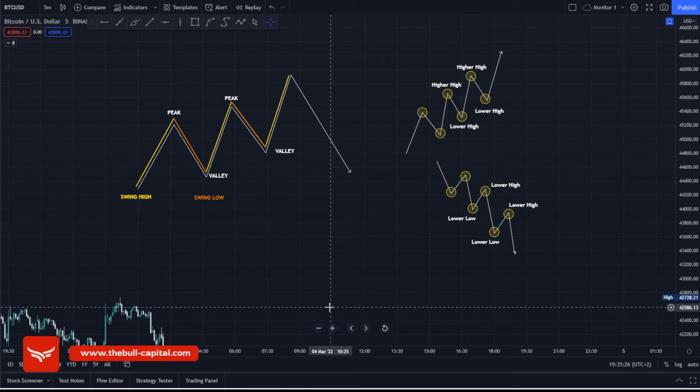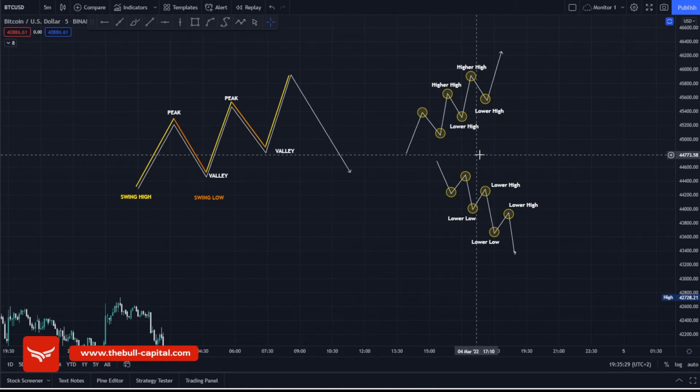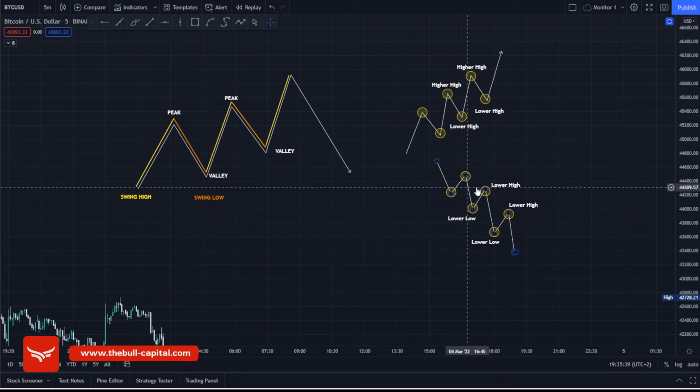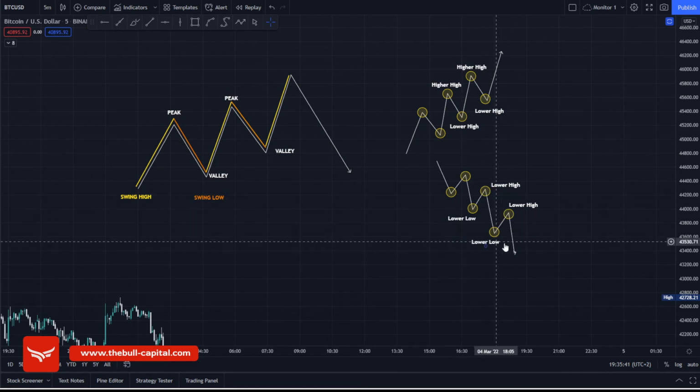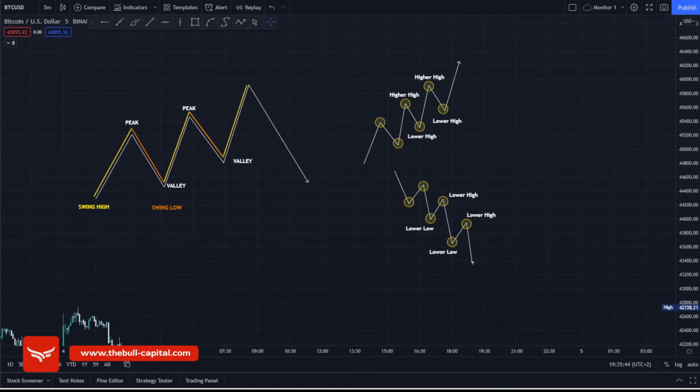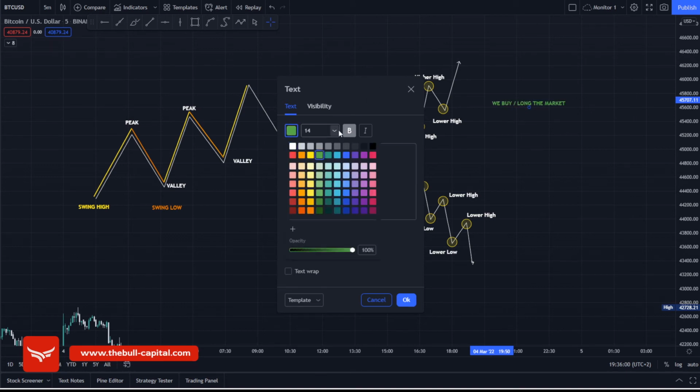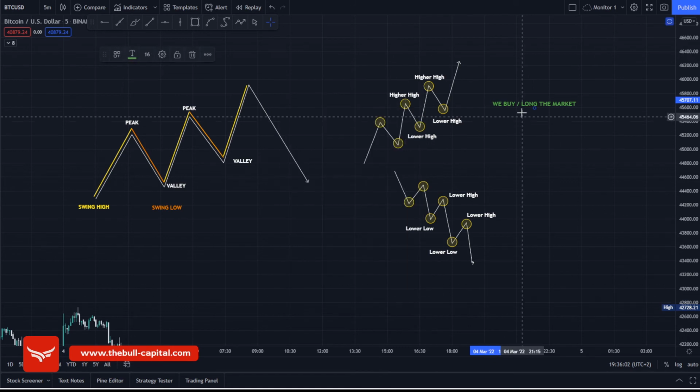We should buy if we see higher highs and higher lows, because the market is growing. So I'm gonna put next to it, we buy long the market. I put it with green and a bit larger.